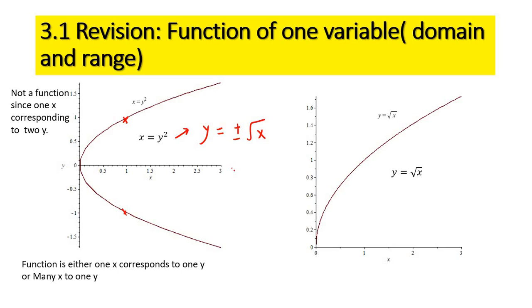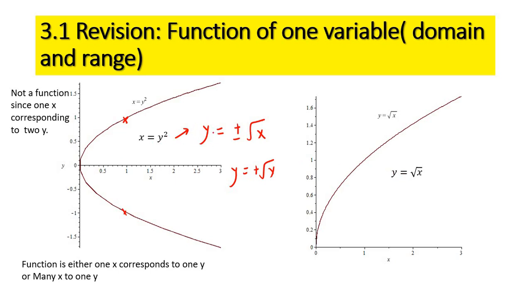When you take positive square root, you get y equal to positive square root x. From this graph, y is positive, that's why it's only the positive part here. So this is a graph y equal to square root x, which is taken from the graph x equal to y squared. So this one not function, but when you cut the graph at the x-axis here, now you get this graph.